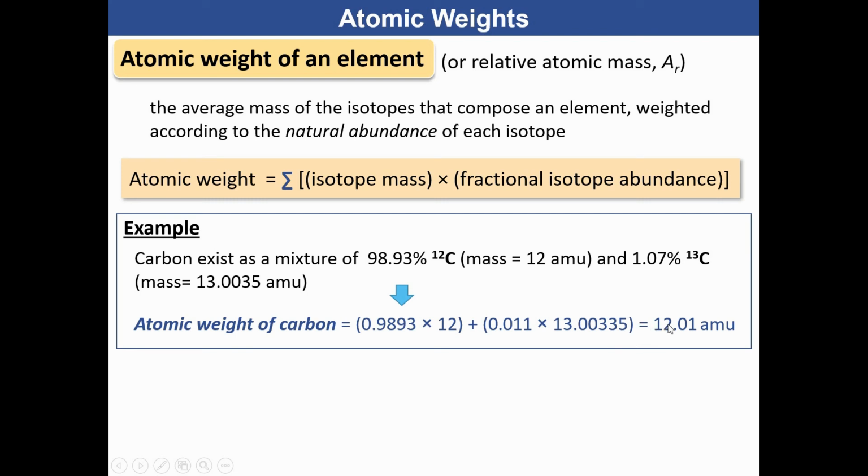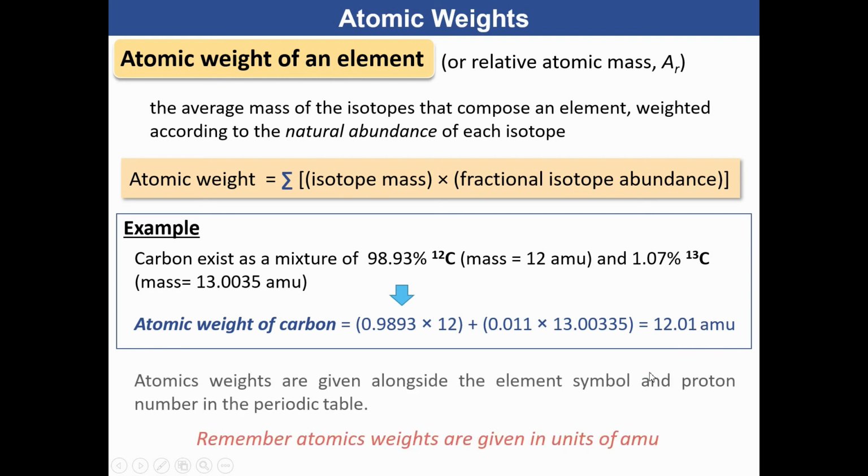To make the calculation, that equals 12.01 AMU. So please remember, atomic weights are given in units of AMU.